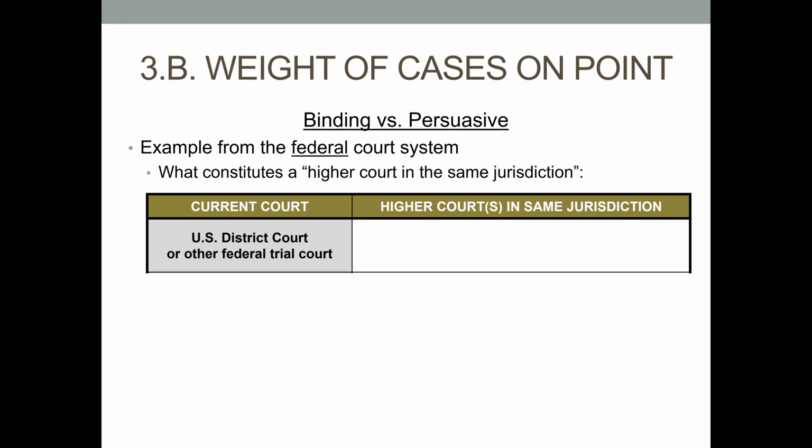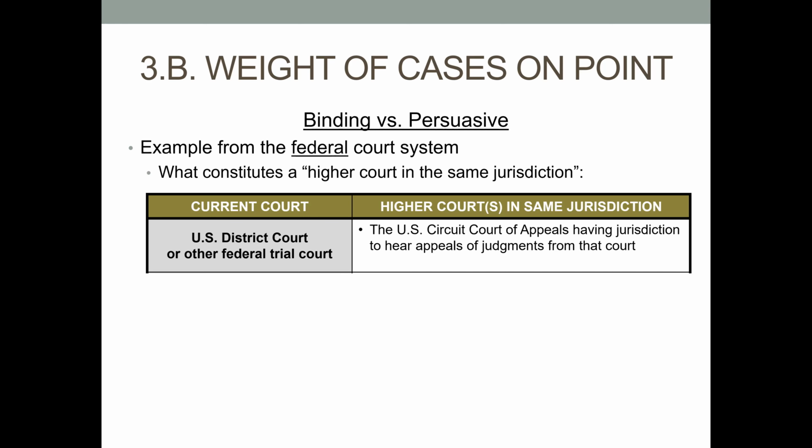So let's assume first that your client has a case in one of the United States district courts, that is the trial court in the federal court system, or one of the other more specialized federal trial courts. Okay, so if that's your client's current court, then if you have a case on point from the following two courts, they'll be binding on your client's court.